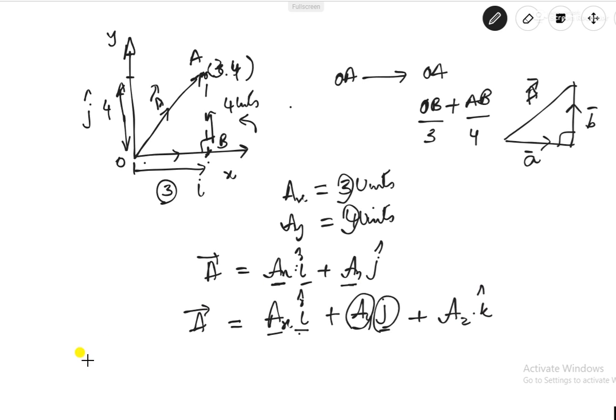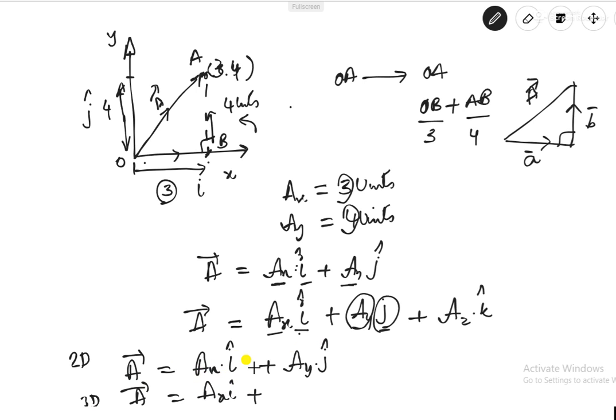Finally, in a 2D coordinate system, we can write a vector A as AX into i plus AY into j. In a 3D coordinate system, A bar will be AX i plus AY j plus AZ k. These are all unit vectors. So this is how we can resolve a vector into its components.